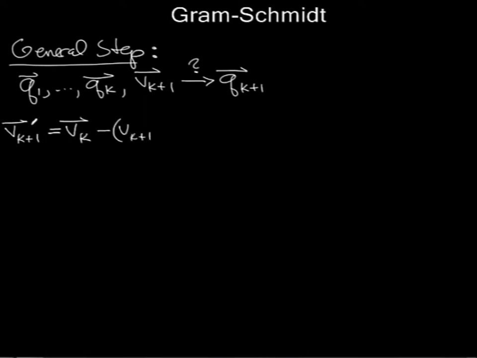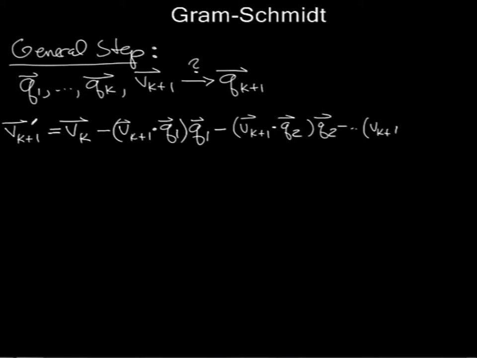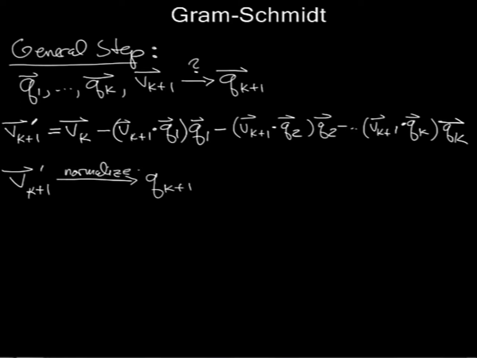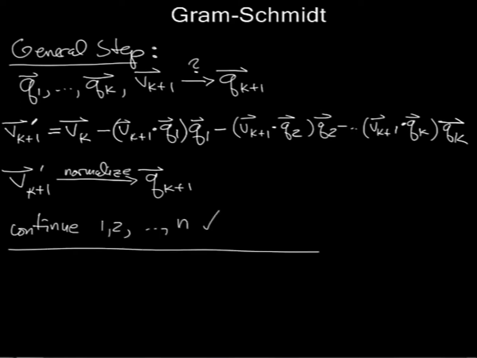Well, you first get v(k+1) prime, which is v(k+1) minus this multiple of q1, minus the similar multiple of q2, and so on, minus these multiples of each of the qk's, where each multiple is you take v(k+1) and dot it with the corresponding q. Then this vector will be orthogonal to all of the previous ones, and then you just normalize it, and that gives you q(k+1). And you do that for n steps, and you're done. That's the Gram-Schmidt algorithm.